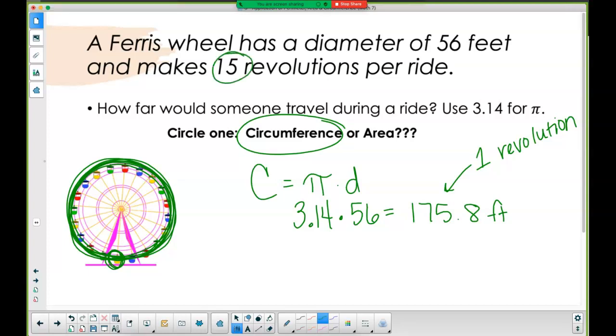That's a lot. That's a long Ferris wheel ride. But what do I do with that 15? Tyler. 175.8 times 15, and I got 2,637 feet.